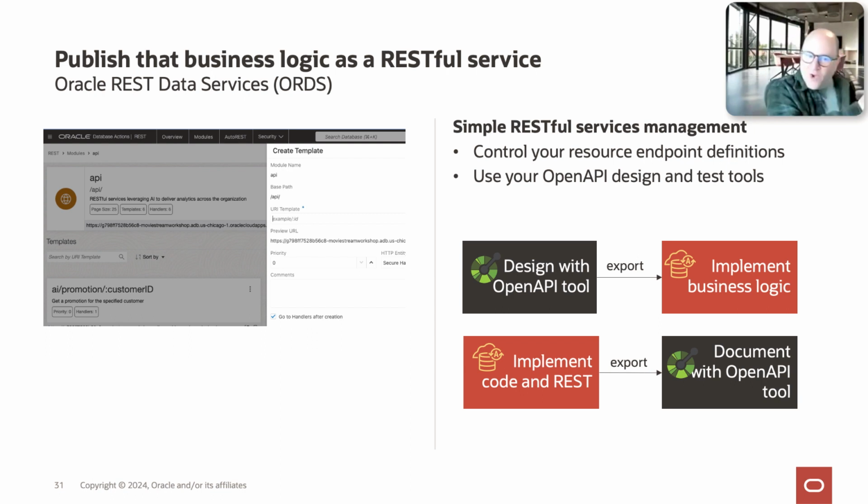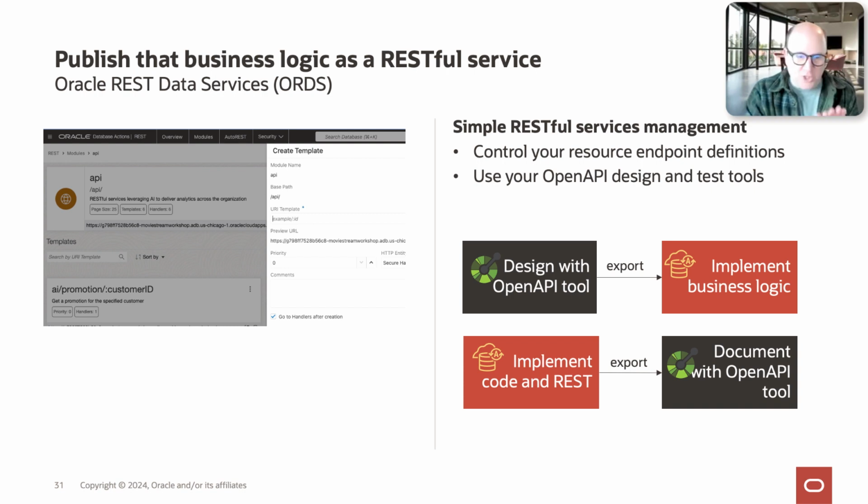Where one was automatic, this is just simple, right? So that's all good. Basically you have two different ways to work with Autonomous and the REST data services to define those endpoints and make them available.